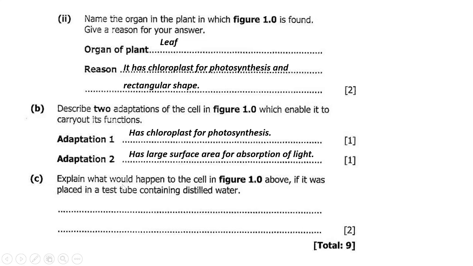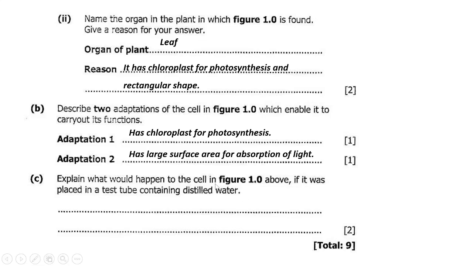Then C, explain what would happen to the cell in figure 1.0 above if it was placed in a test tube containing distilled water. Now there are two environments here. We have the cell environment and the test tube environment, and these environments have substances with different concentrations.